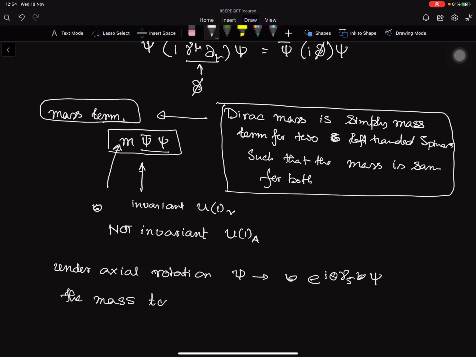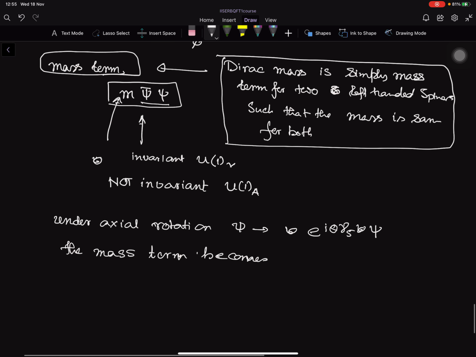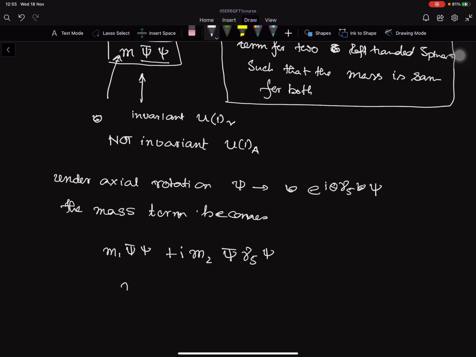The mass term becomes m1 psi bar psi plus i m2 psi bar gamma 5 psi, such that m1 square plus m2 square was my original m square.